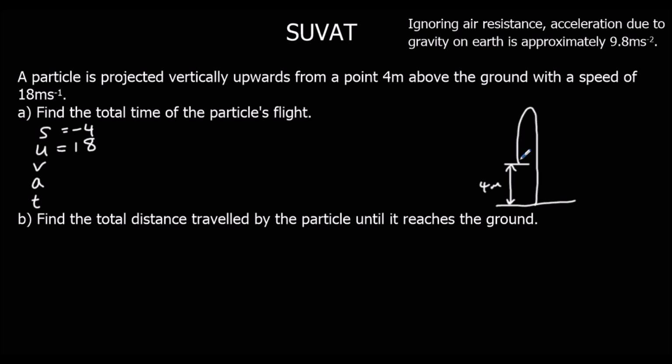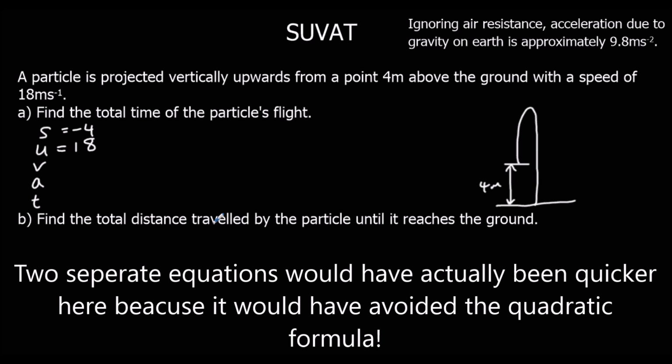If we wanted, we could work out the time to the top and then the time down afterwards, but that would mean doing multiple workings out. So this will probably be the easiest way. A is negative g, and we need to work out t.